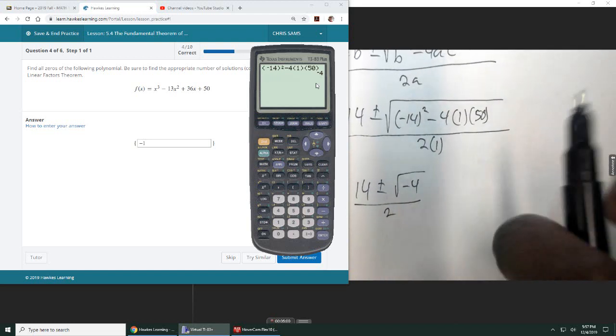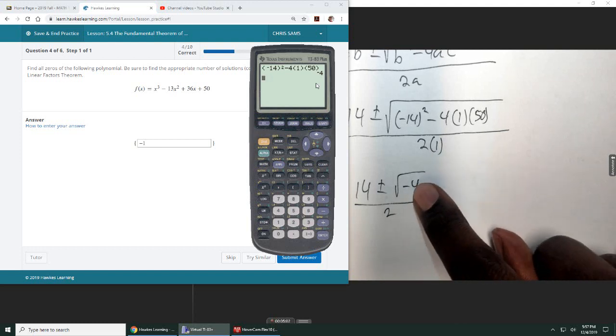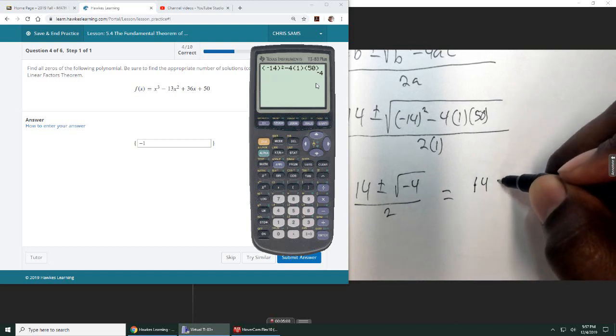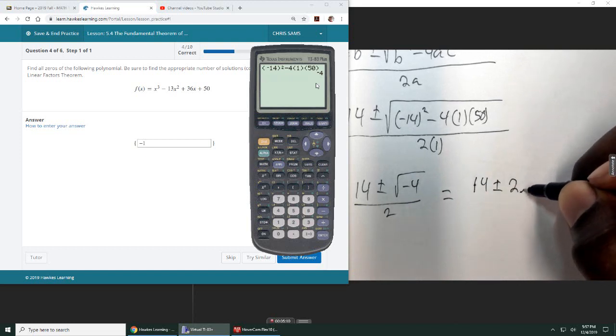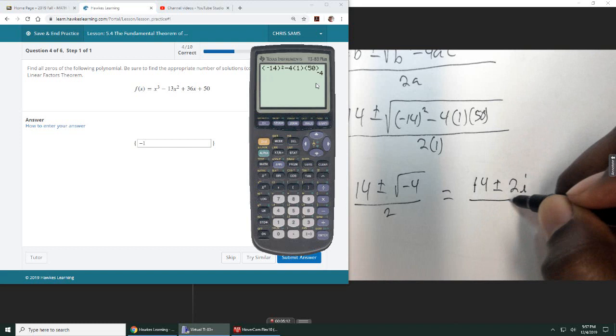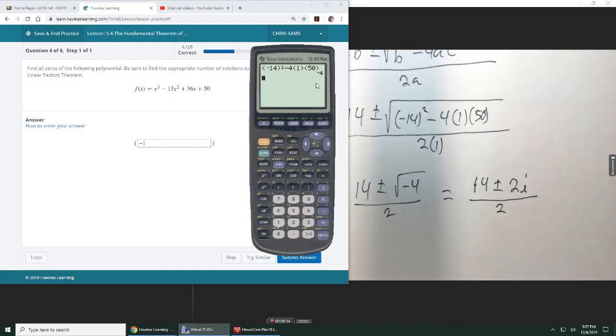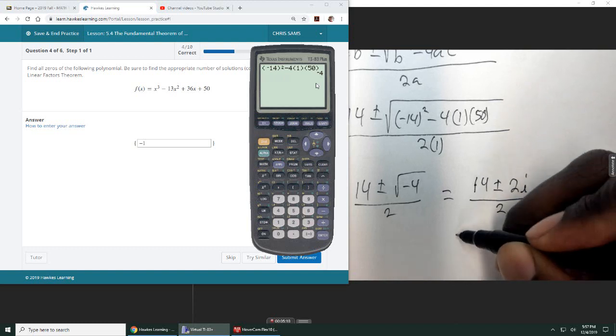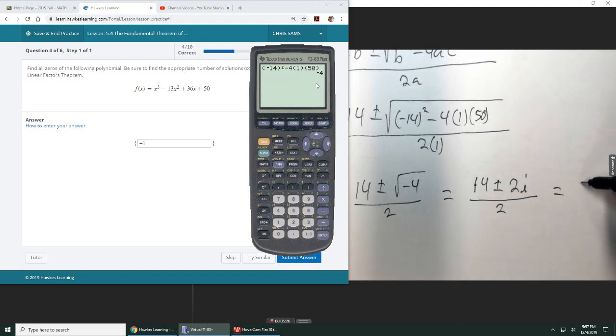Okay, when we simplify this, this becomes imaginary, and the square root of 4 is 2. So we end up with 14 plus or minus 2i all divided by 2. Now, since both of these terms are divided by 2, we can divide by 2. And this will leave us with 7 plus or minus i.